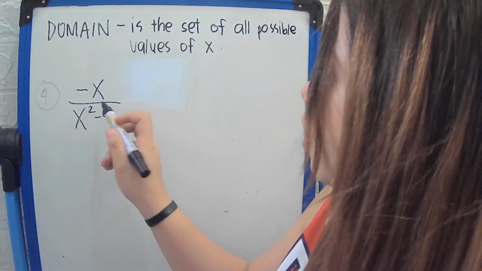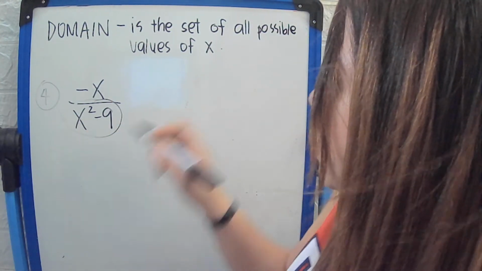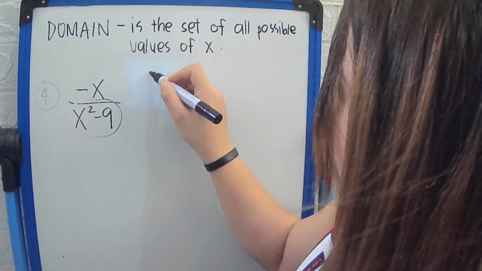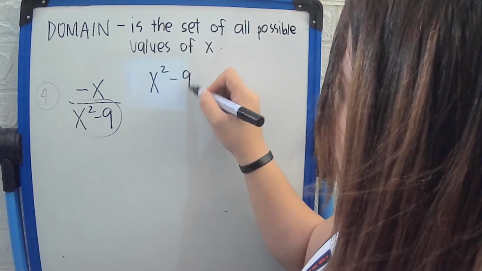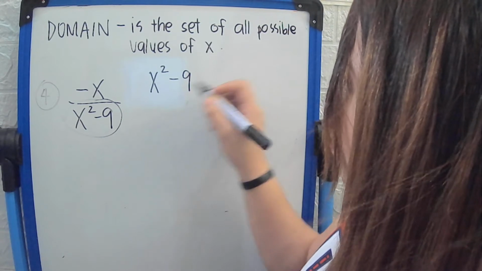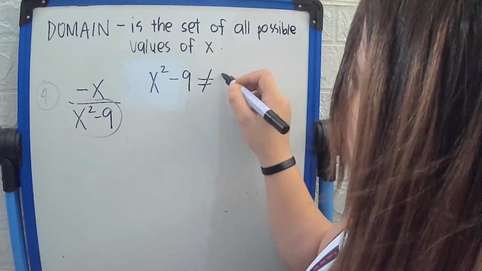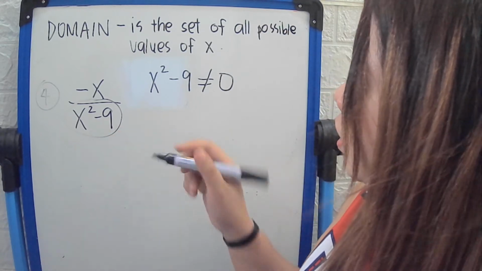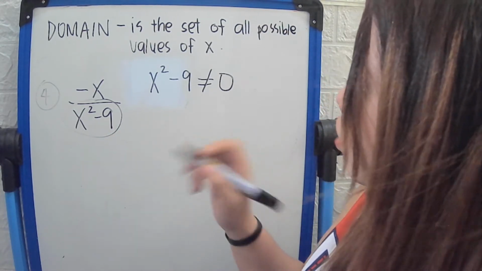Here, your denominator is x squared minus 9. The whole denominator must not be equal to 0. So again, we take the denominator only to get the restrictions.